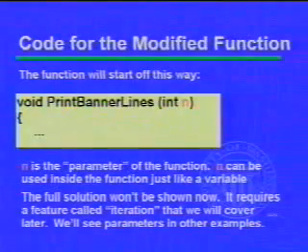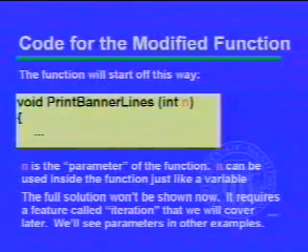We still have the function name, print banner lines, but now in parentheses we have something that looks like a declaration. It says int n. Think back to what was there before. It was not an empty parenthesis before, it was a magic keyword void. I briefly said that void meant we're not sending information and there are no parameters.